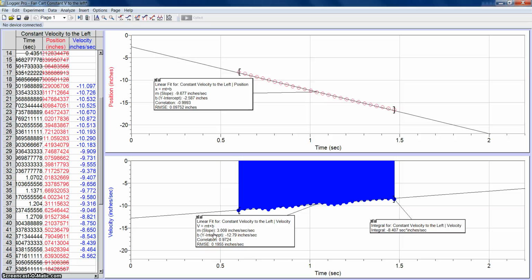Our y-intercept is negative 12.79 inches per second, meaning at time equals 0, our velocity was negative 12.79 inches per second. So our cart started at negative 12.79 inches per second.